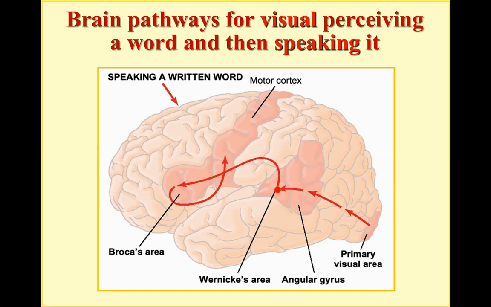There is no connection between the primary visual cortex and Wernicke's area. But then, from Wernicke's area, everything is the same as before. Wernicke's area sends the information to Broca's area, and then Broca's area provides information for the motor cortex to produce the word by speaking it.